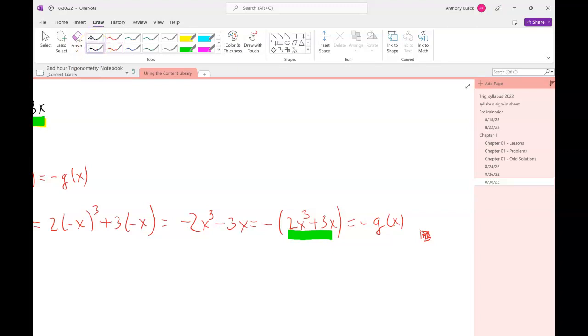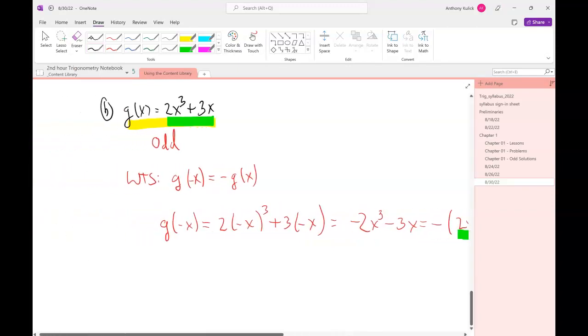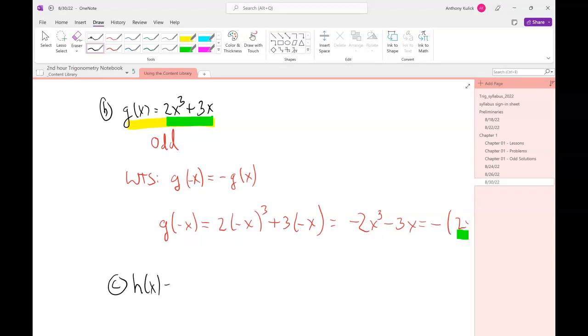Everybody okay with what we've done so far? Yeah. Okay. Time for the third example. What do you suppose is going to happen for this one? What does your student instinct tell you this example should be?